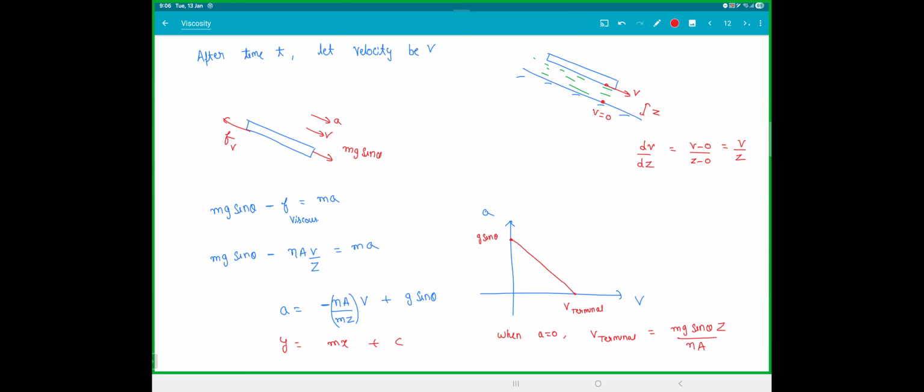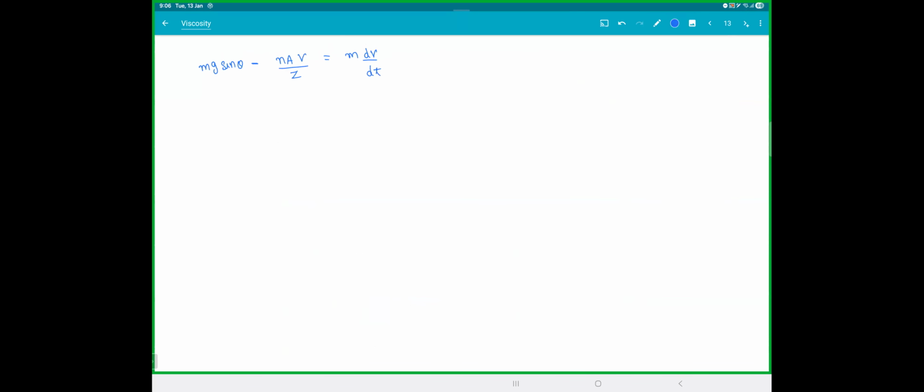It's a straight line. But let's get this. So dv will be g sine theta minus eta A by mz v, so dv by minus eta A by mz v plus g sine theta is equal to dt.